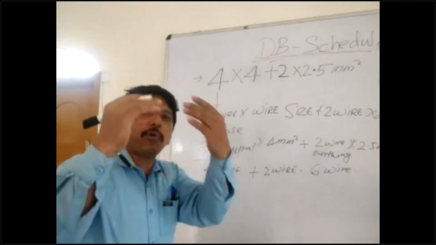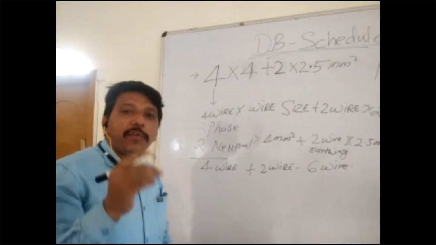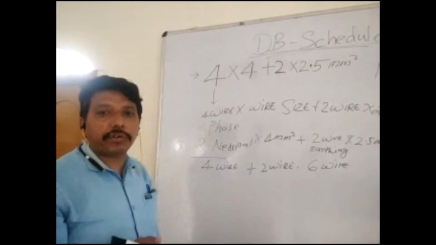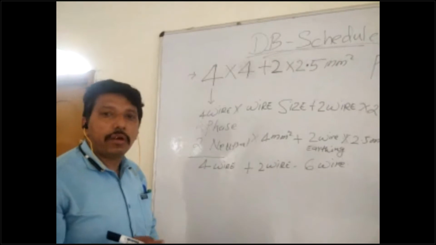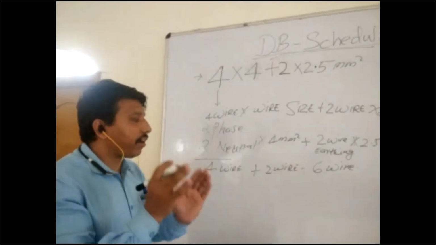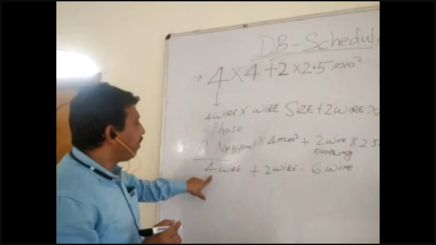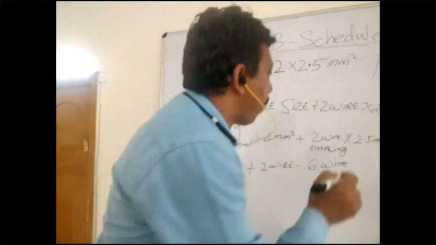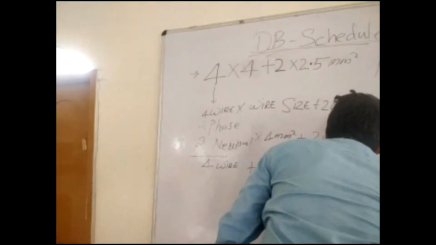When will we use 6 wires? If your circuit is a ring circuit, at power socket wiring time, we can use 6 wires. This 6 wire is used in a ring circuit.